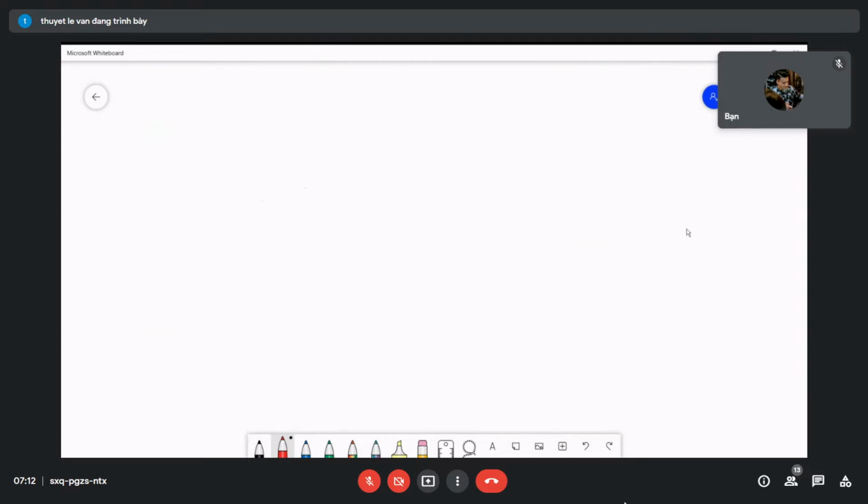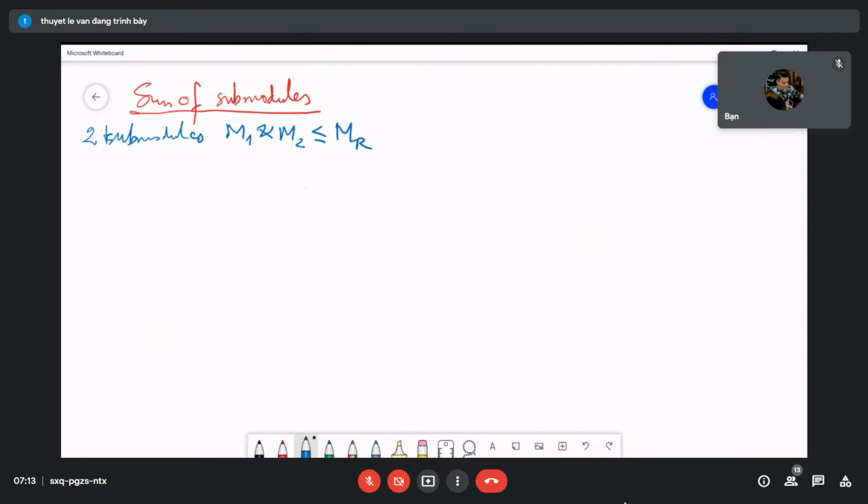Now I continue to talk about the sum of submodules. For ease, I will talk about 2 submodules. Okay, that is easier. So I take only 2 submodules, for example M1 and M2, that are submodules of M_R.